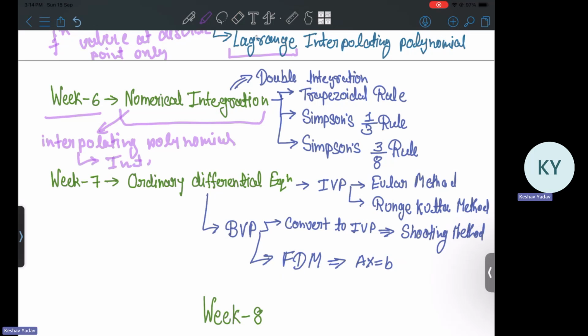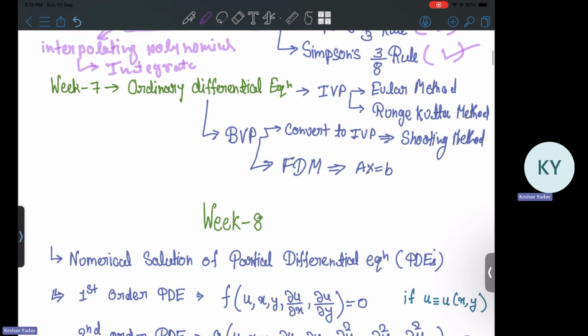There we saw the trapezoidal rule, Simpson's 1/3 rule, and Simpson's 3/8 rule. We also saw how to do a double integration. Double integration is nothing but a series of single integrations. Then in the last week, week 7, we discussed how we can numerically solve ordinary differential equations.